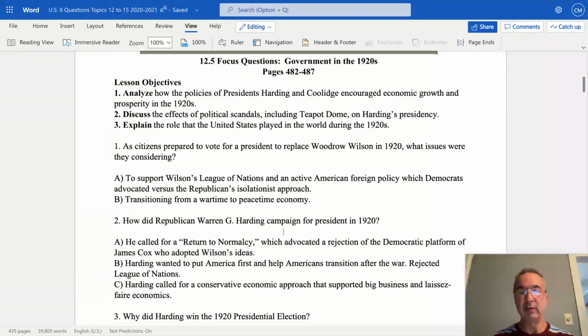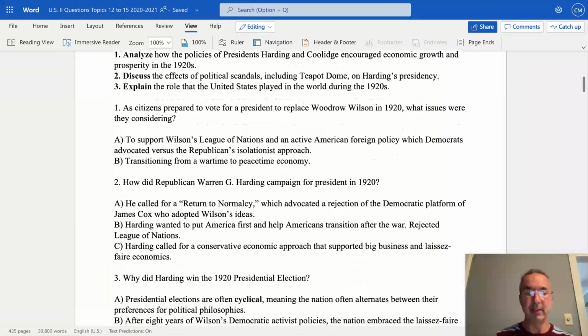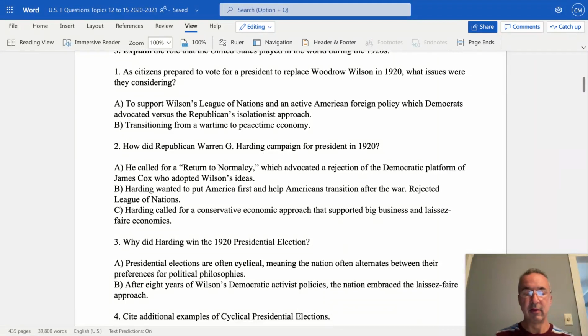When you think about ultimately Harding's victory in 1920, he won the presidency because elections kind of run in cycles. What we mean by this is that during a period of time in history, a certain economic philosophy or approach to the presidency might be looked at as a positive approach.